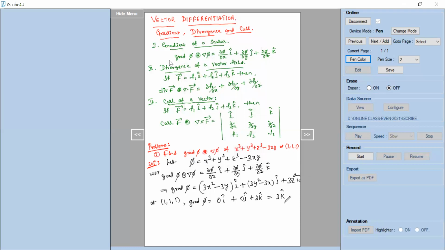So similarly, we can find out divergence and curl of vectors now. I'll go to the next problem. Next one, I'm going to take it like this.